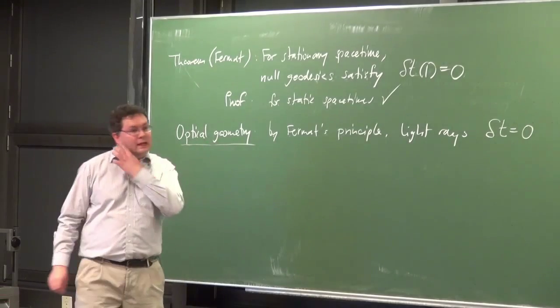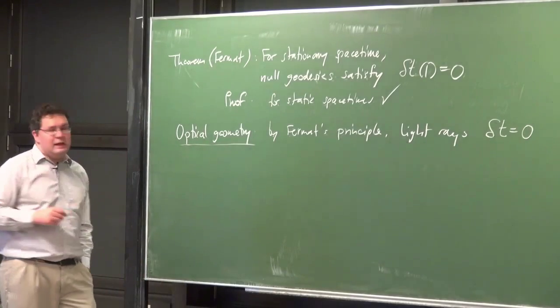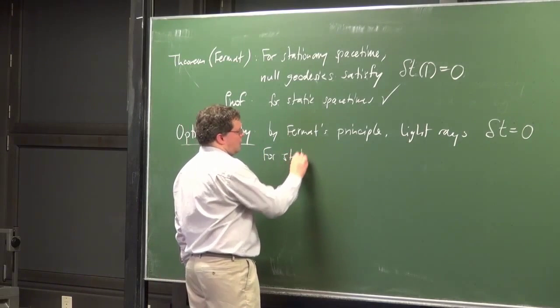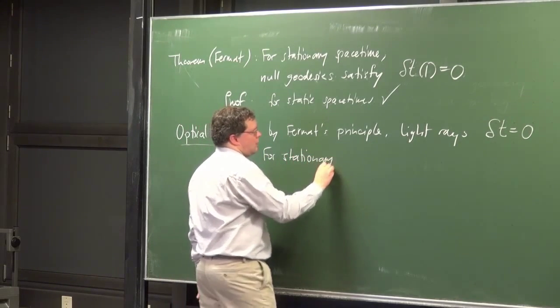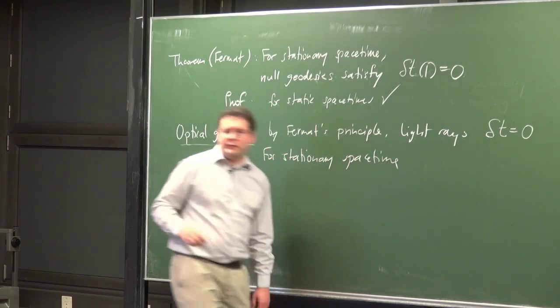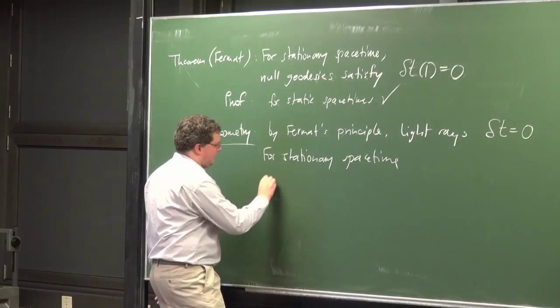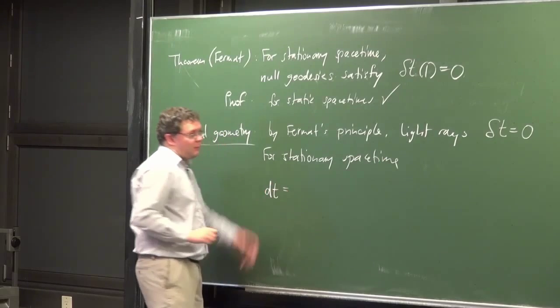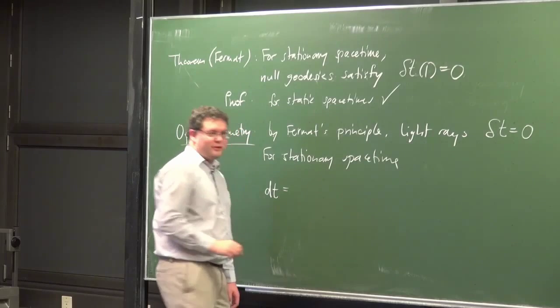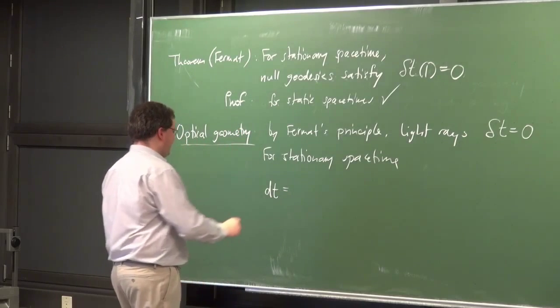Now, what is actually this T for stationary spacetimes? Earlier in the lecture, you've seen the most general form for a stationary spacetime. Let's just solve for dt. That was rubbed off now, due to my huge handwriting, I'm sorry.